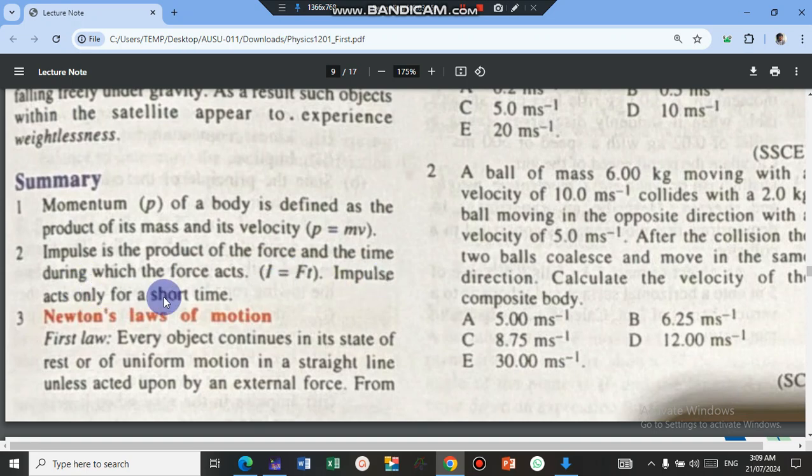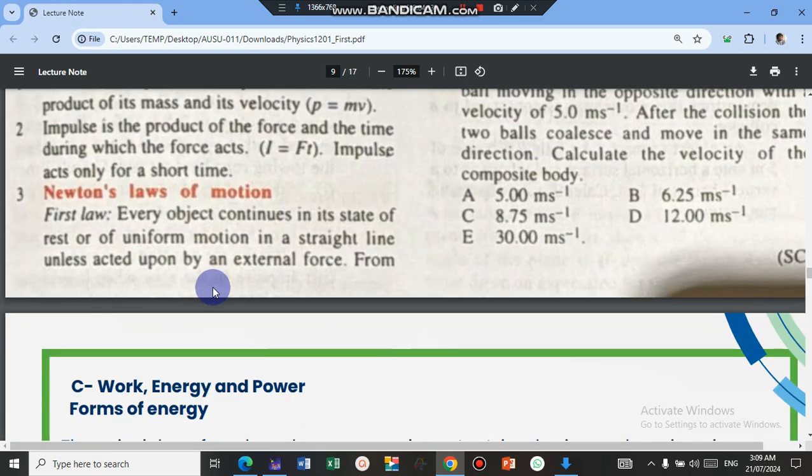Some think impulse acts only for a short time. I'm trying to debunk this idea. It's not always true. You can have a large force acting for a very short time, or a small force acting for a very long time. In either of these two, impulse is great.